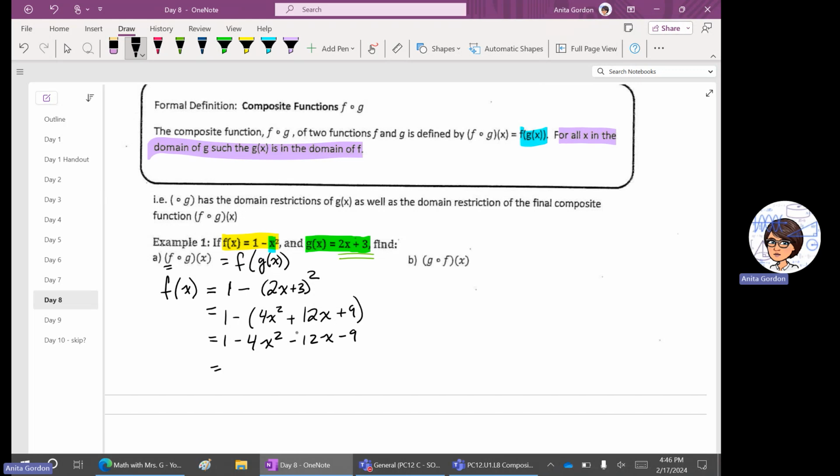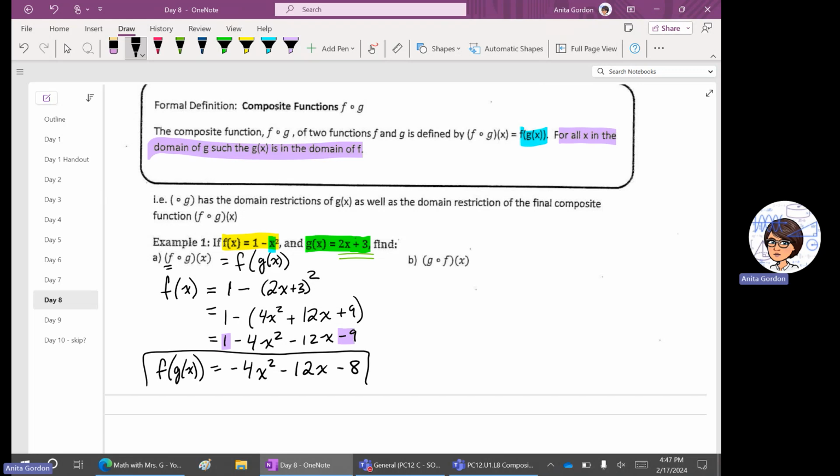And then I'm going to write it with our highest degree first, because this is a polynomial, right? So I do the one with the highest exponent first, minus 4x squared, minus 12x. I collect like terms where I can, so positive 1 minus 9 gives me minus 8. And so this is f of g of x right here.